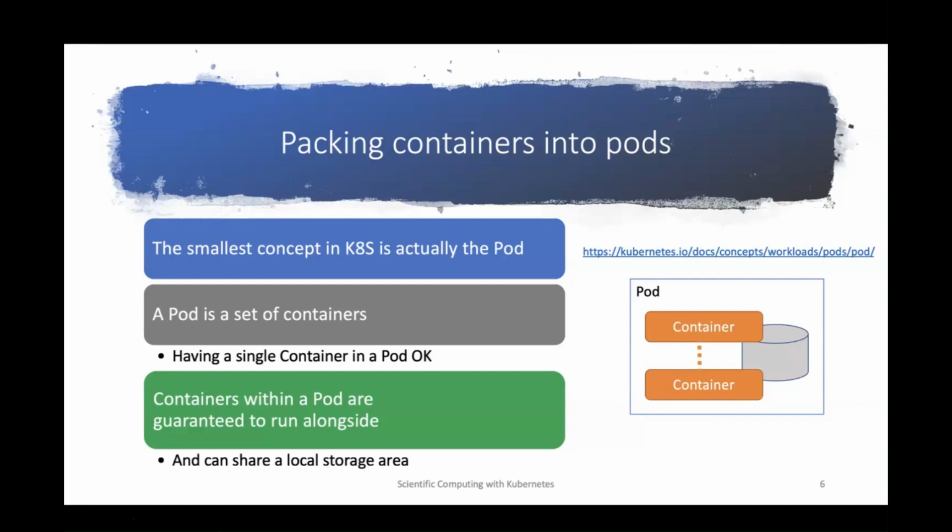While different pods can be scheduled on different machines, so it's way harder to have any kind of coordination between containers in different pods. So if you want to have many containers talk to each other, definitely pack them together in a single pod, and that will make it much easier.